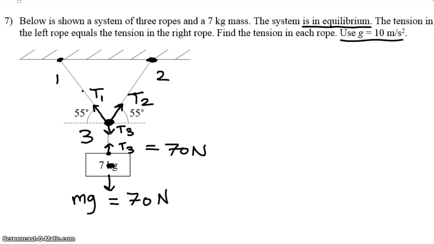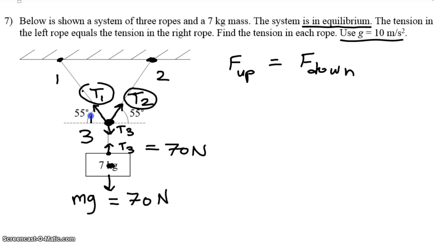So we know then that all of the forces pointing up added together will be equal to all of the forces pointing down. So look at this point and just at this point. What are the forces pointing up? Well, T1 is pointing up at an angle, and T2 is pointing up at an angle. So each of those has a y component.